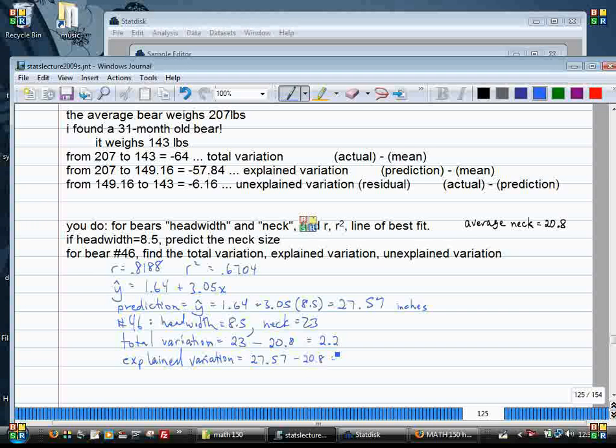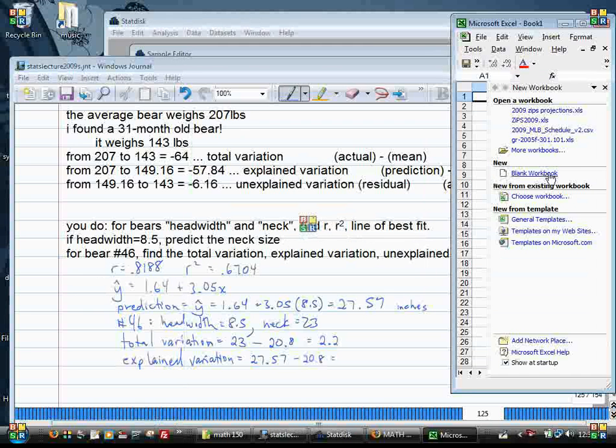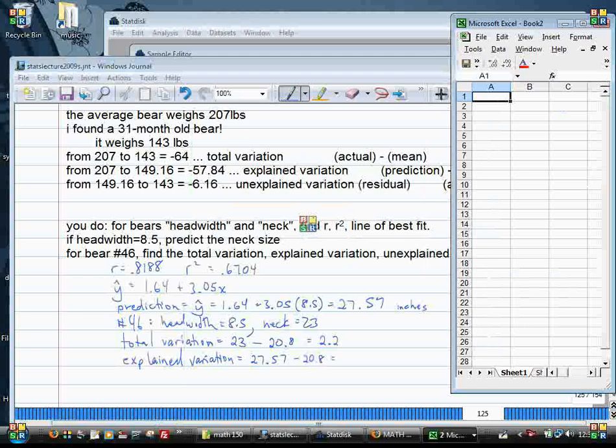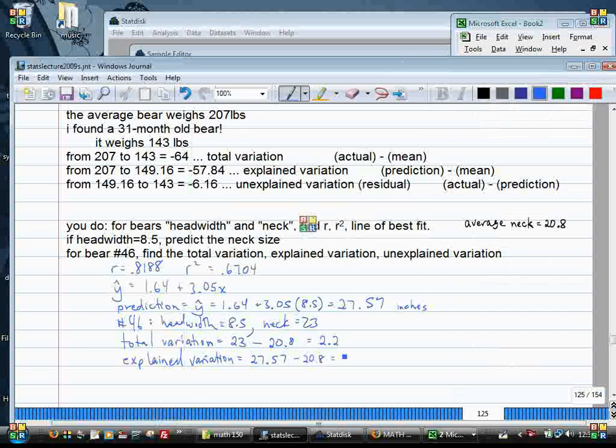And if you work, oh, I have different numbers here. Okay. So this works out to be 6.77.